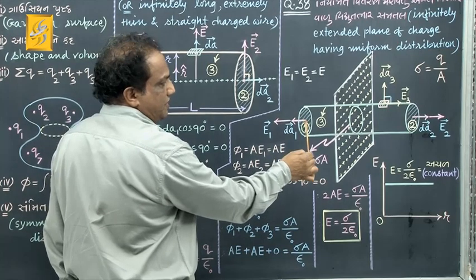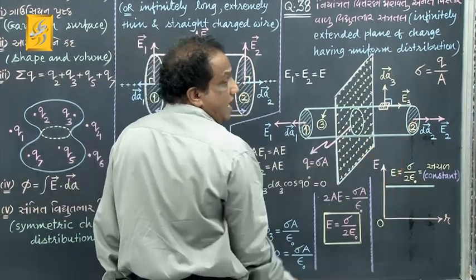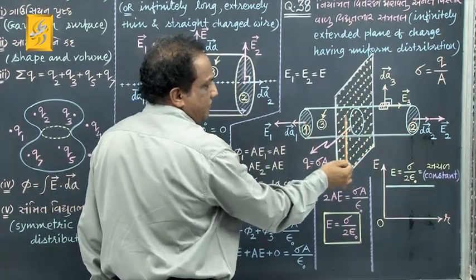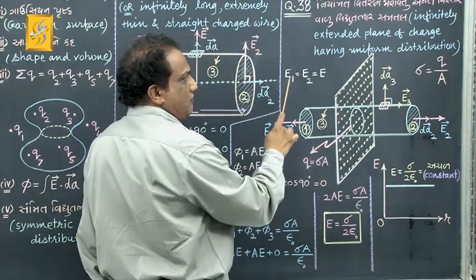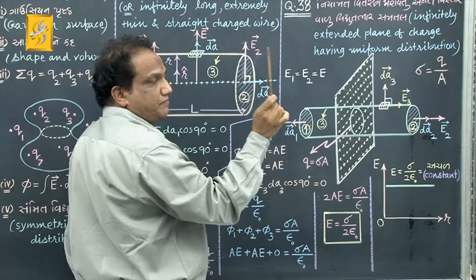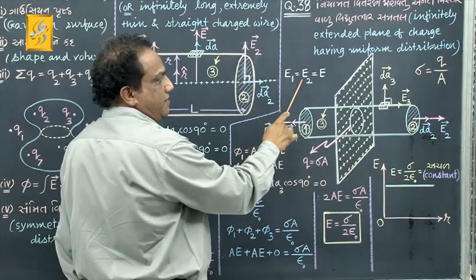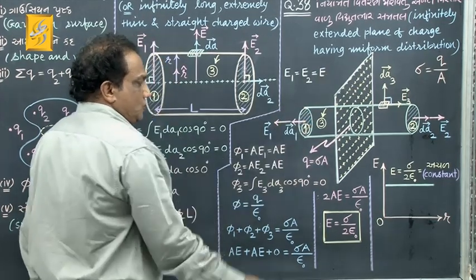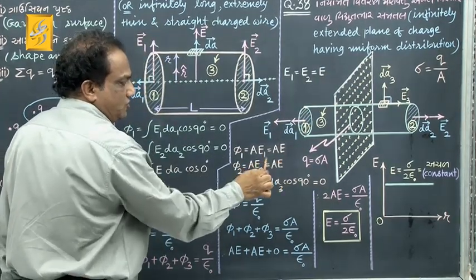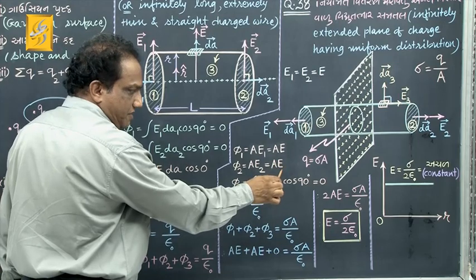But because this point and this point are equidistant from this plane of charge, the magnitudes of electric fields have to be same, and if these two magnitudes are same, let their common magnitude be shown by symbol capital E. So instead of E1 I am putting E, instead of E2 also I am putting E.